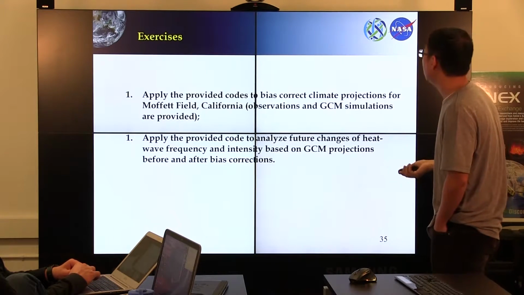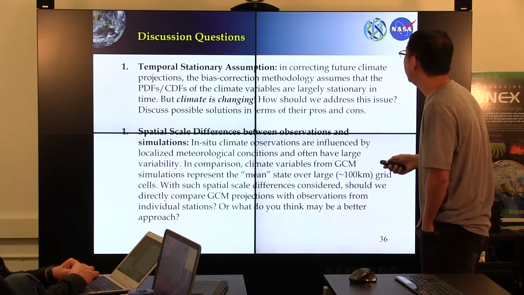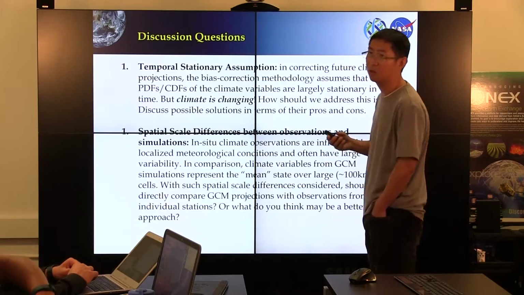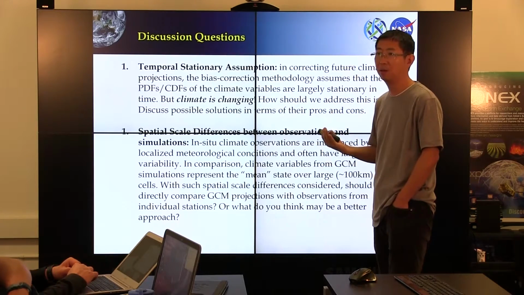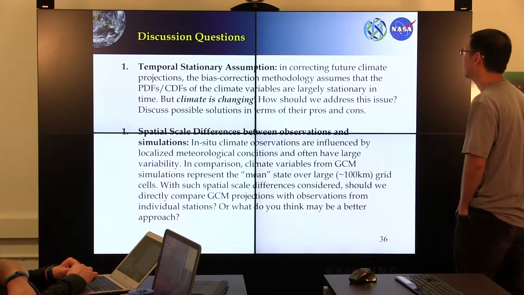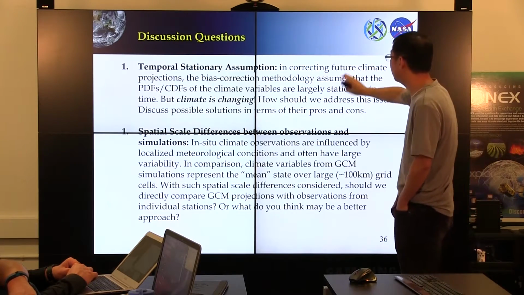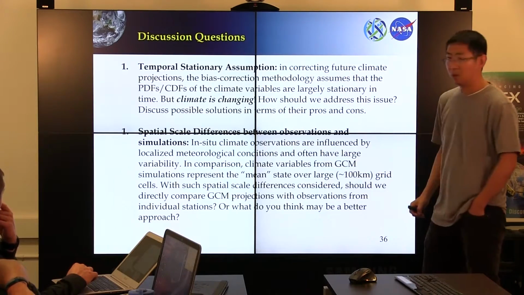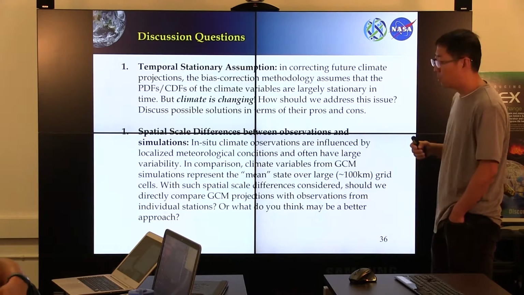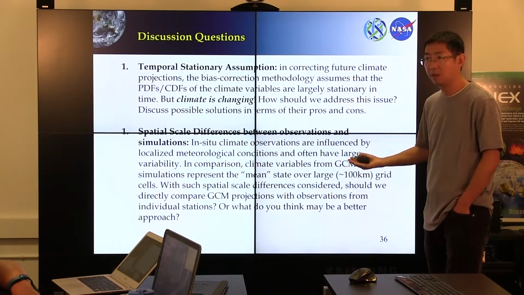Now, as I said, the idea about bias correction is very easy, but there's something more you need to think about beyond what I just described. The first one is why we're doing quantile mapping with CDFs.